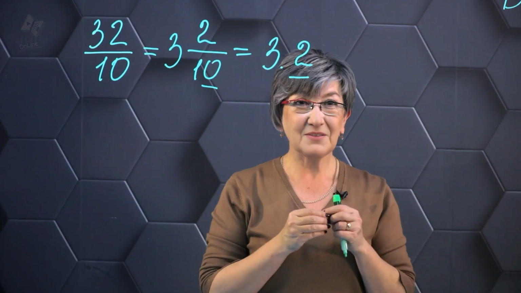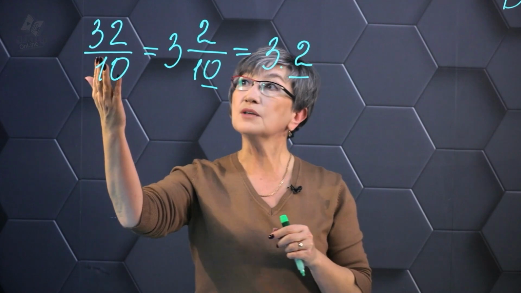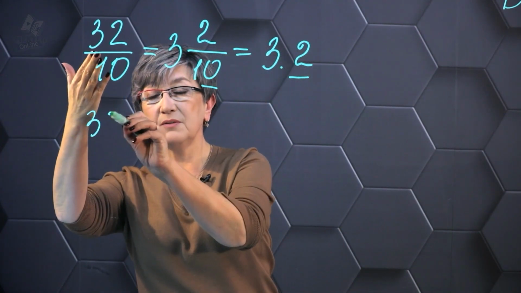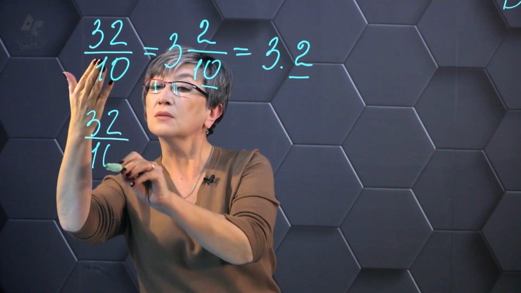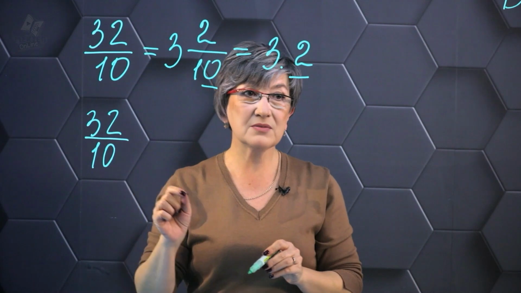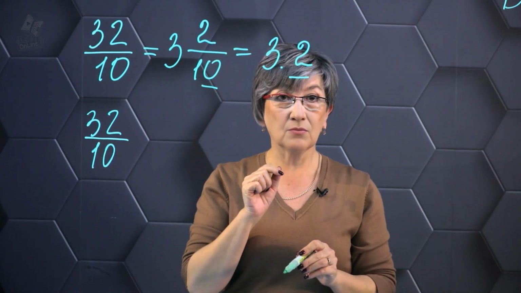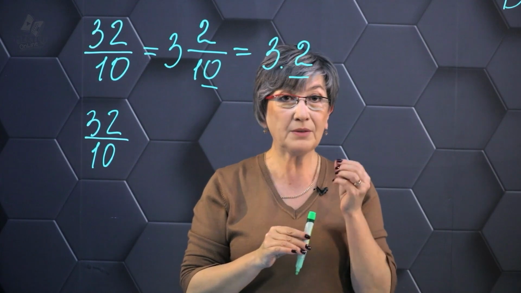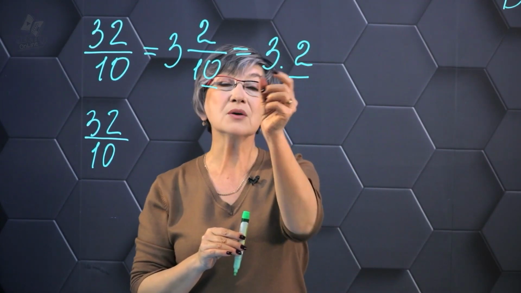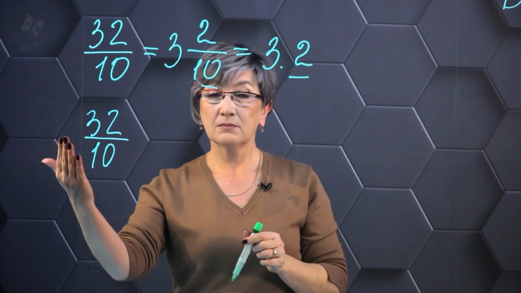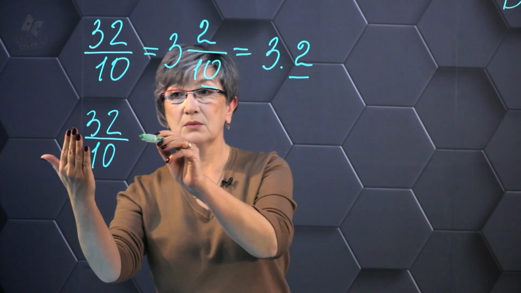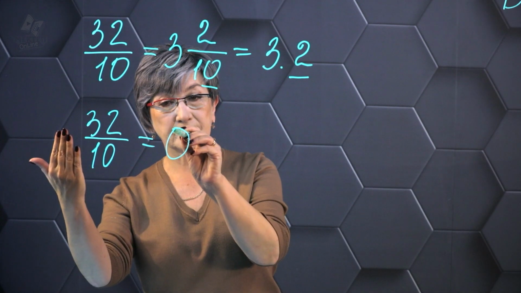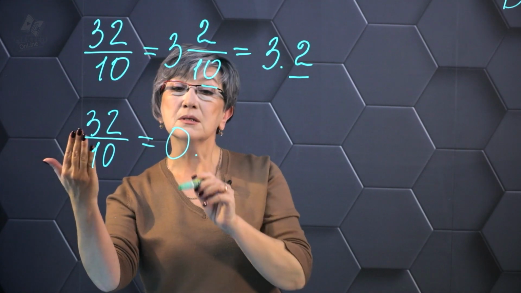Now guys, let's answer the question: why can't I immediately convert the fractional number 32 tenths, which is an improper fraction, into a decimal fraction? According to the rules, I have to write down the whole part first. There's no whole part, so I'll write 0 point and separate the whole part.